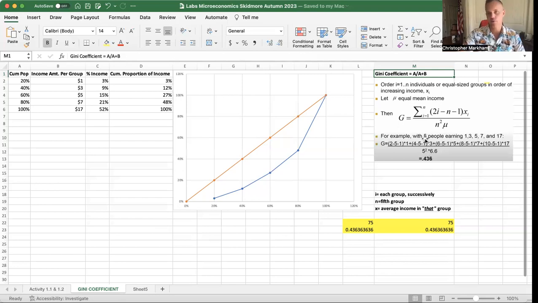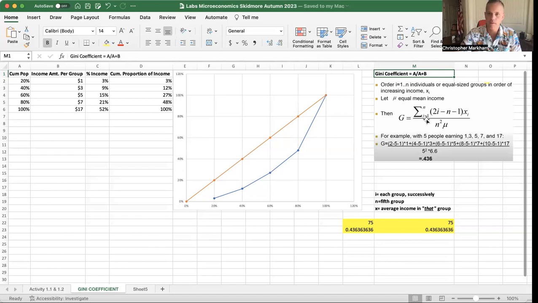Okay, so here's how we do it. This letter here is the Greek letter sigma, and the bottom right, it might be small for you to see, it says lowercase i equals 1, okay? And the reason for that is that we're talking about the first group. And then N, as you can see in the legend down here, N is the fifth group.